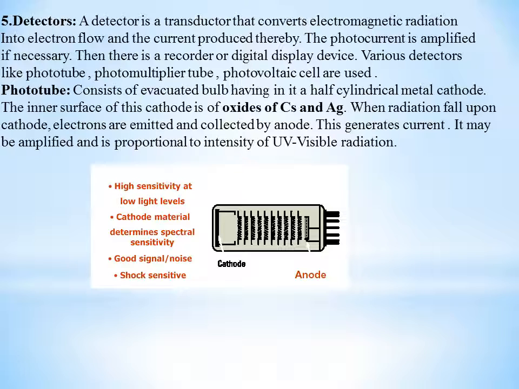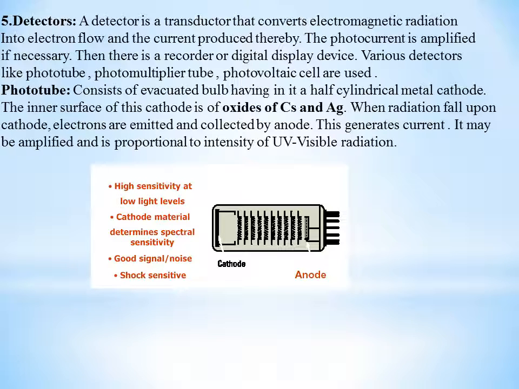What does the phototube consist of? It consists of an evacuated bulb and a half cylindrical metal cathode. The inner surface of this cathode is coated with oxides of cesium and silver. Whenever electromagnetic radiation falls on this cathode, electrons are emitted.